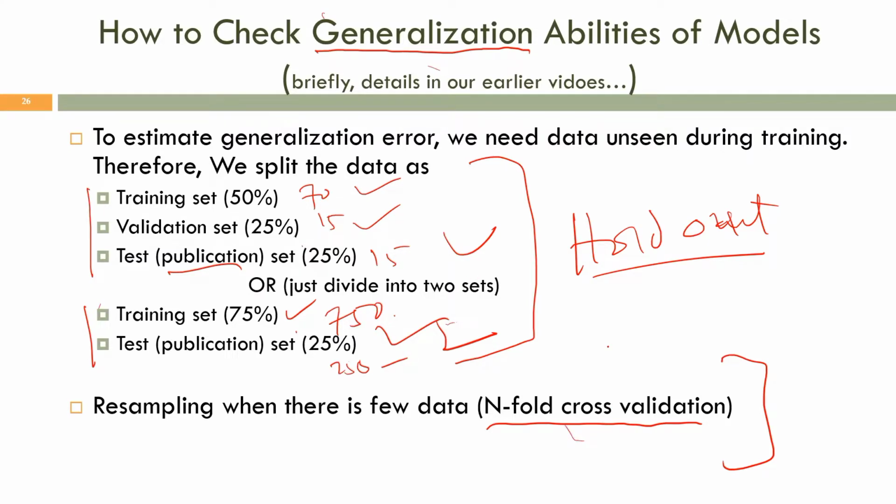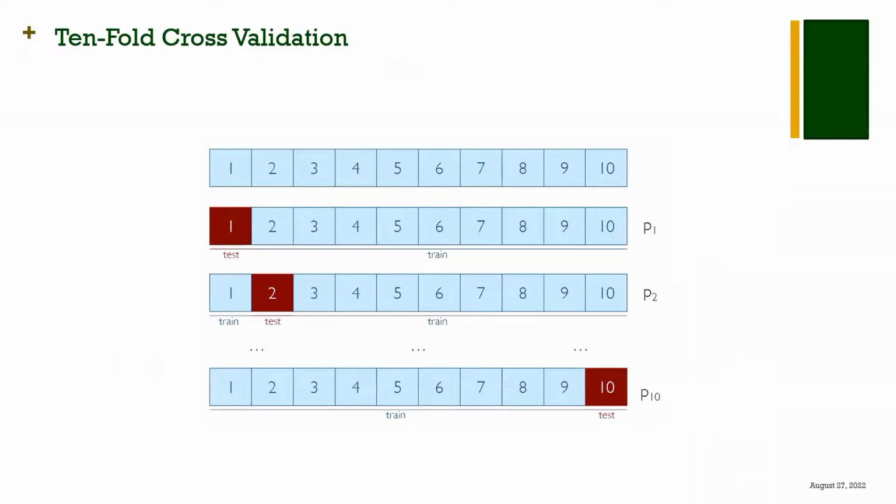What is n-fold? Let's take, for example, 10-fold cross validation. In n-fold, you divide your data into 10 parts. Let's say I have only 100 samples. I don't have 1,000 or 2,000, just 100 samples. I divide into 10, 10, 10, 10, so each fold is made up of 10 samples, and all of them combined make 100.